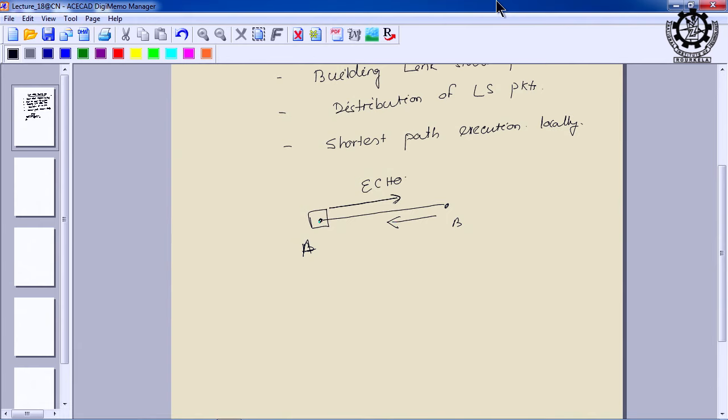So, if multiple nodes are connected to A, all the outgoing paths are sent the same echo packet. And when the echo packet is received by the neighbor, the neighbor responds back to the sender with its own ID. That means it sends a packet containing its own source address, and the other neighbor also sends its own ID.